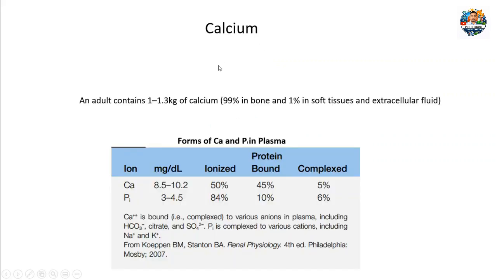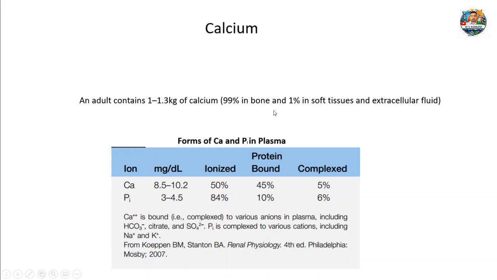First of all, let's see the forms of calcium which are present in our system. Overall, a healthy adult contains around 1 to 1.3 kg of calcium, and of these, 99% of the calcium is in the bone, whereas only 1% is in the soft tissues and extracellular fluid.